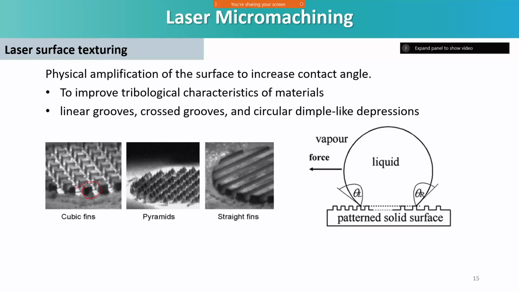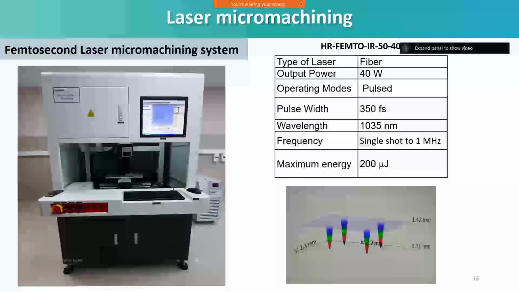These are all very small dimensions, running into a few micrometers, and you can get any kind of pyramid or straight fin in order to realize the improvement in tribo performance, as you are literally reducing the contact surface, the real area of contact, by which you can achieve enormous improvement in surface characteristics. And this is one of our recent additions, a femtosecond laser based micro machining system.